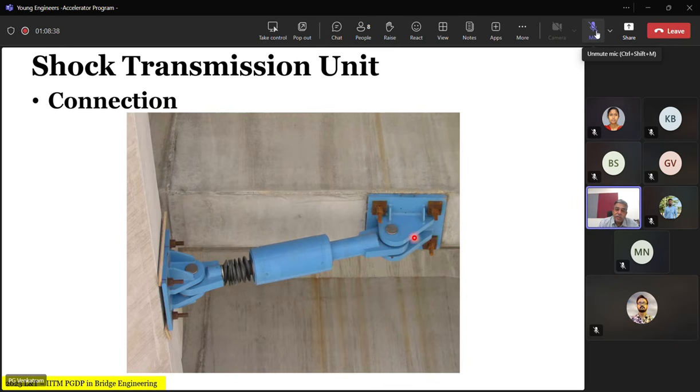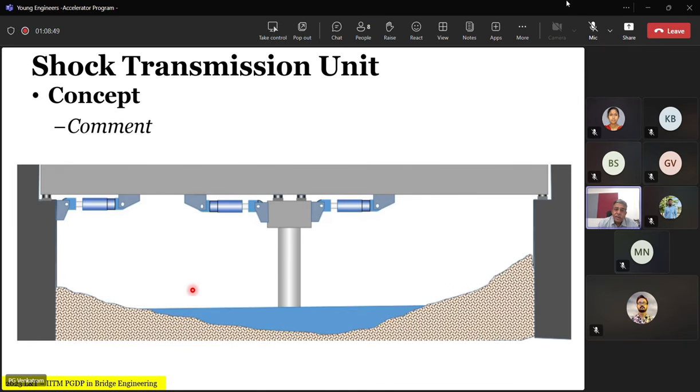But because of that inclination, it will also create a shear at the interface between the pier cap and the unit. Whereas in this instance, since it's horizontal, there will be only normal forces in the pier cap. This shear you cannot avoid, because we are trying to arrest the relative displacement between this and this.